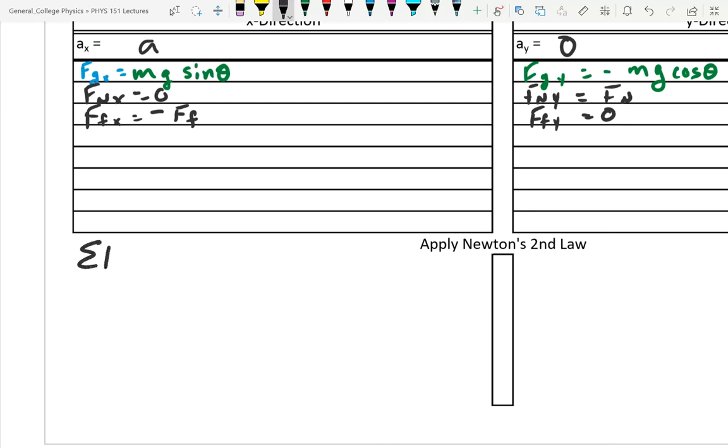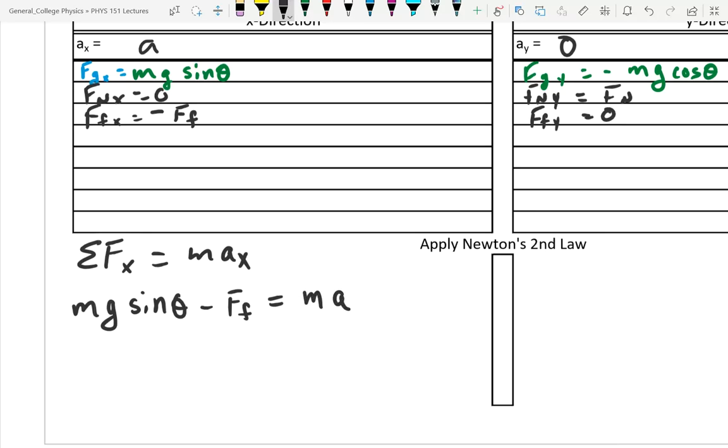So I have sum of the forces in the x direction is equal to mass times acceleration in the x direction. Copying down, that gives me mg sine theta minus force of friction equals ma, since acceleration in the x direction was a. I do not know the force of friction, and I don't know the acceleration.